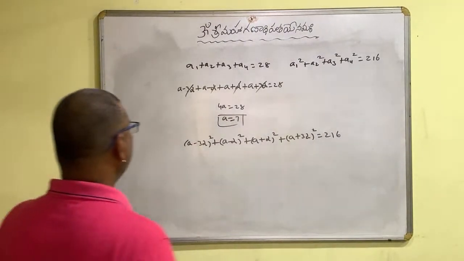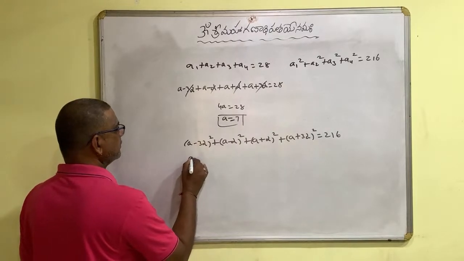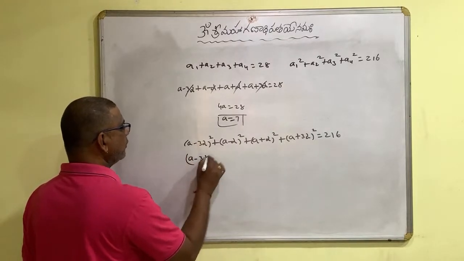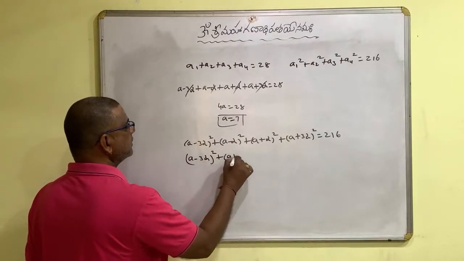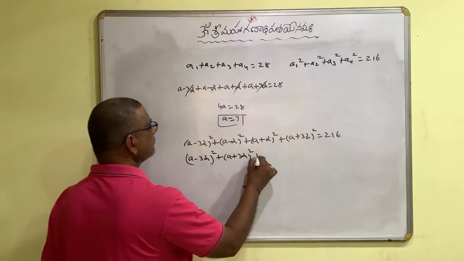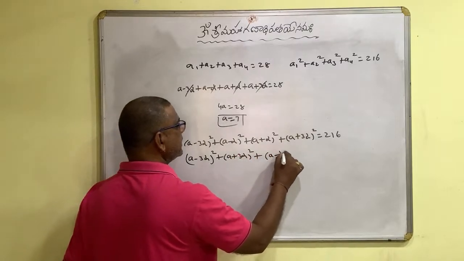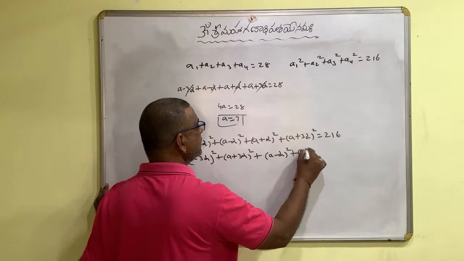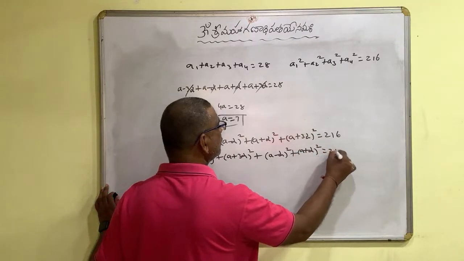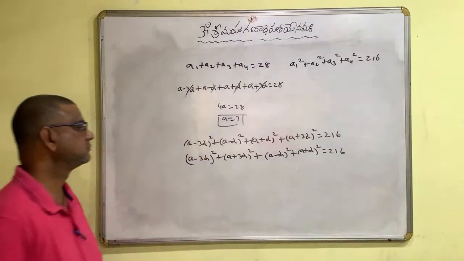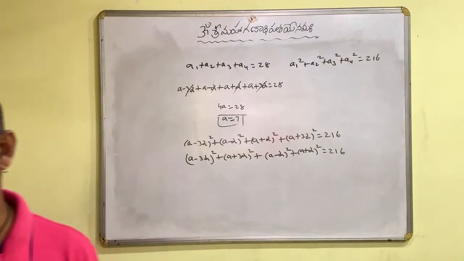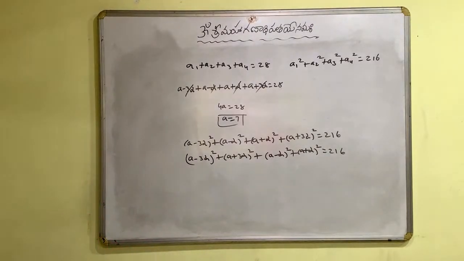So I will give you an idea here. See, a minus 3d whole square plus a plus 3d whole square plus a minus d whole square plus a plus d whole square is equal to 216. I gave you an idea. Correct, now correct.